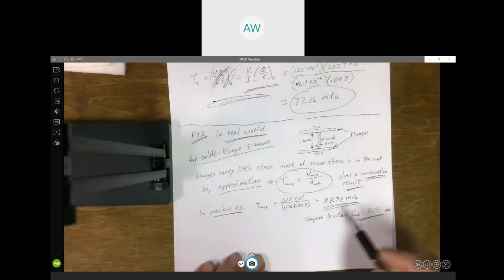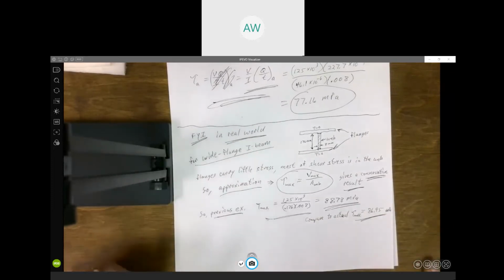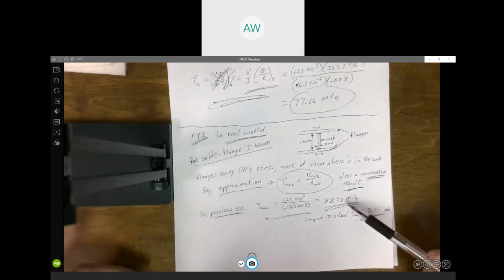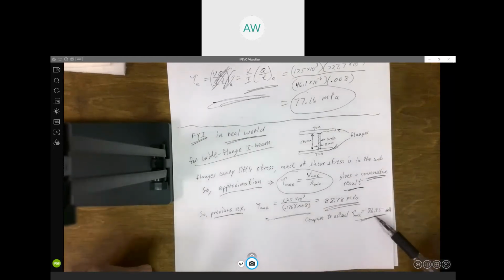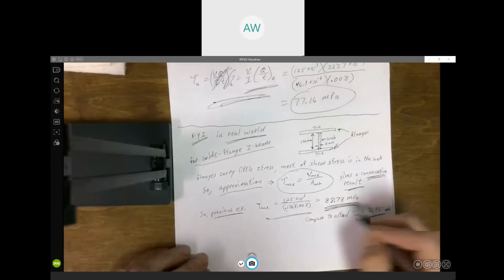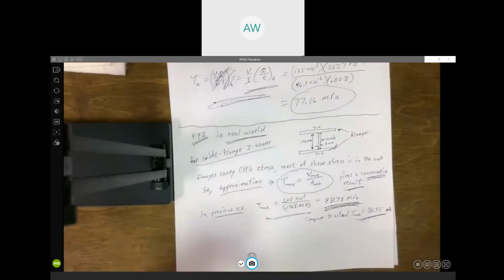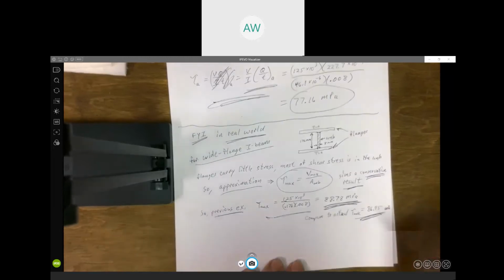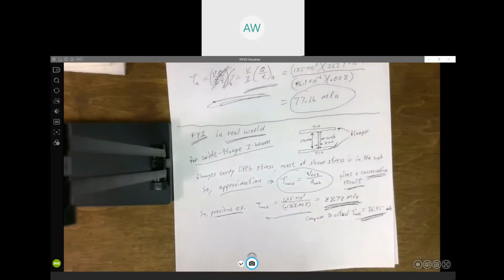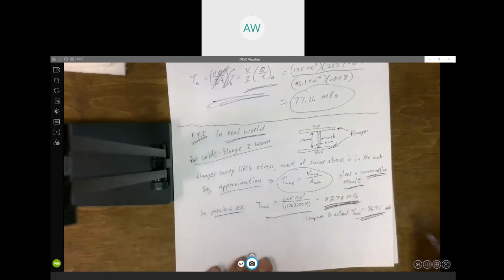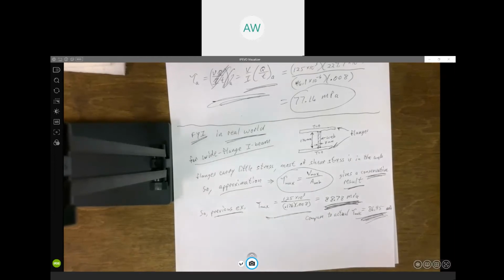And by doing this in probably 30 seconds, I got 88.8, which is a little bit larger than that. But so I know if this is okay, I don't need to go through all the actual calculations and find what the actual maximum is. I can just use this approximation, and I know if this is okay, then certainly the actual, which is going to be a little bit less, is okay.